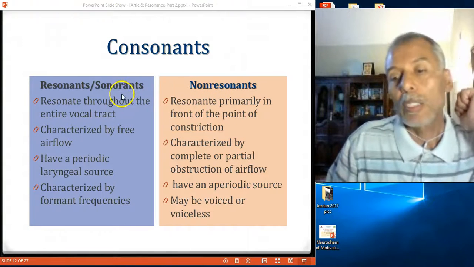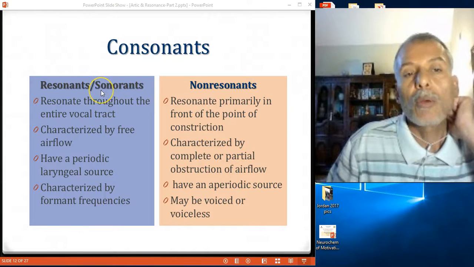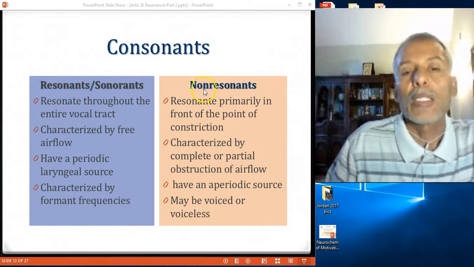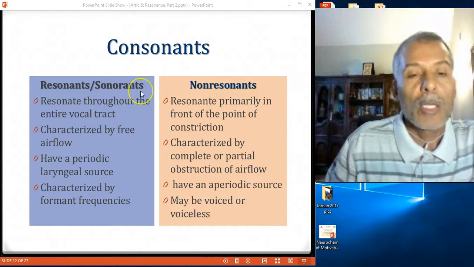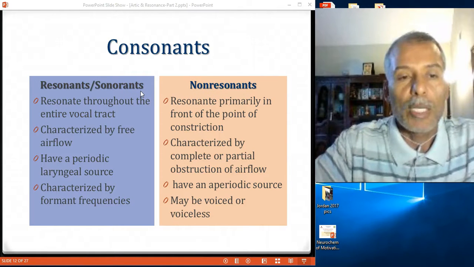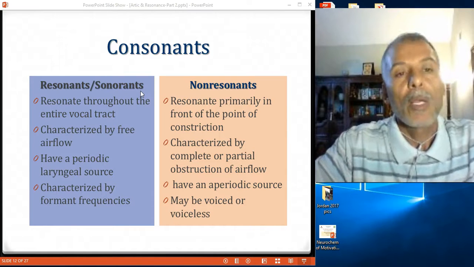Sometimes in linguistics, not in speech language hearing, they may call them sonorants, and they call the other ones non-sonorants. We are just going to stick with resonant sounds and non-resonant sounds because we are speaking about speech and hearing science, and we want to discuss it within the context of speech and hearing.